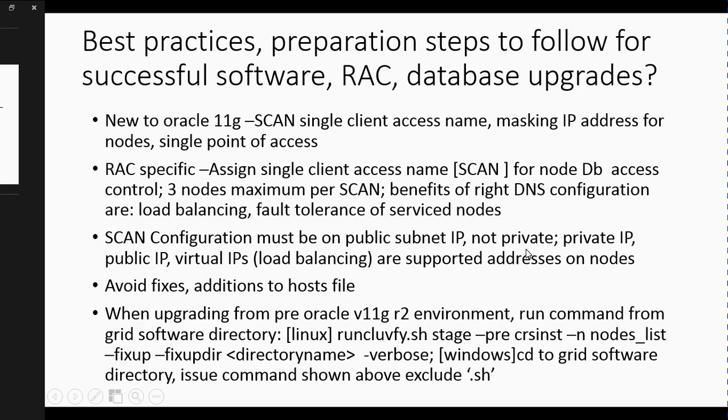Actually, I take that back. The SCAN configuration has to be... So in terms of IP, typically when you have nodes configured in your system, you have 3 types of IP.